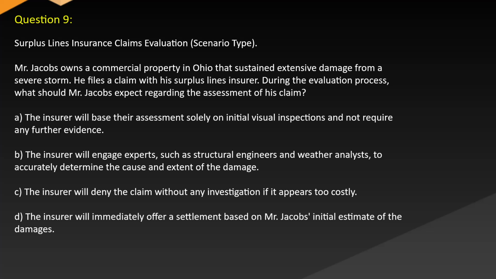B. The insurer will engage experts, such as structural engineers and weather analysts, to accurately determine the cause and extent of the damage. C. The insurer will deny the claim without any investigation if it appears too costly. D. The insurer will immediately offer a settlement based on Mr. Jacobs' initial estimate of the damages.